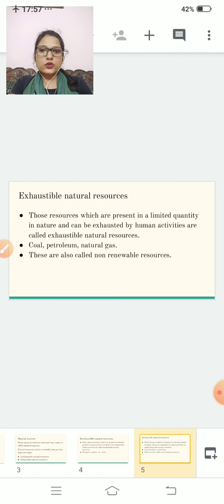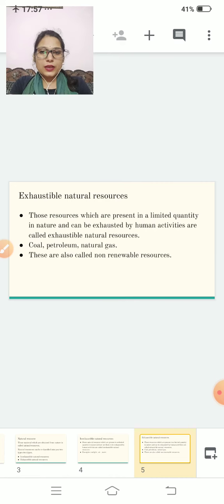Examples: coal, petroleum, natural gas, etc. These all are exhaustible natural resources because they are present in a limited amount.